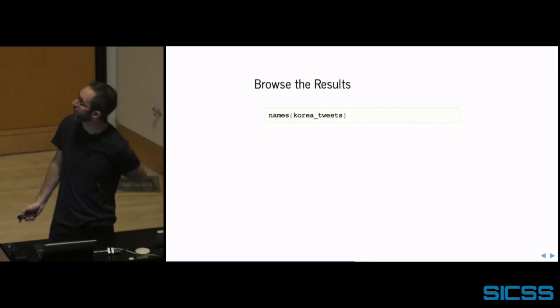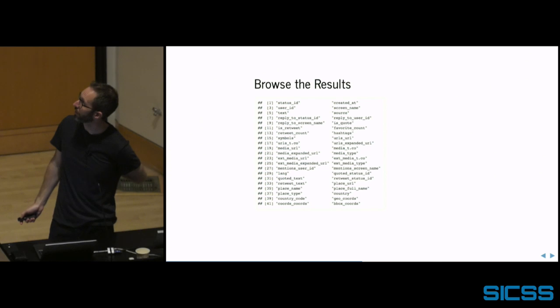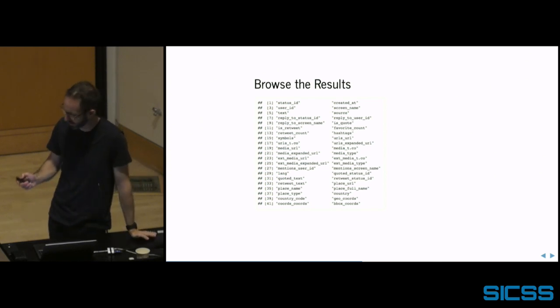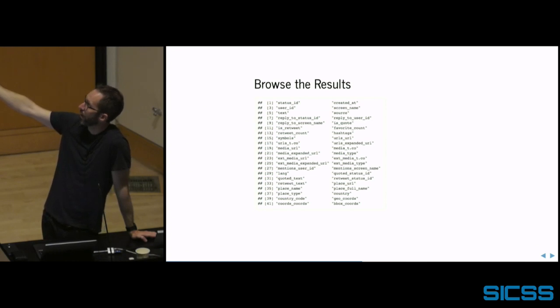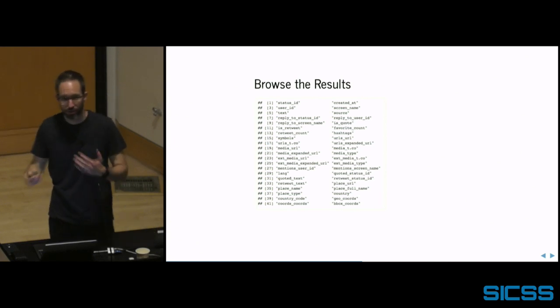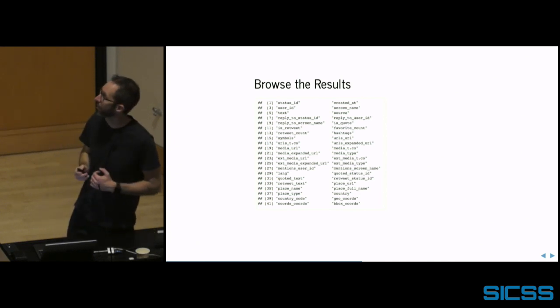So if we look at the tweets, we have a data frame now. We're browsing the column names using the names function of all of the different fields that we get from the Twitter API for this type of call. We get the ID of the message, the user's ID, the text of the message, a bunch of fields that help us determine whether someone's replying to someone, retweeting someone, and so on and so forth.